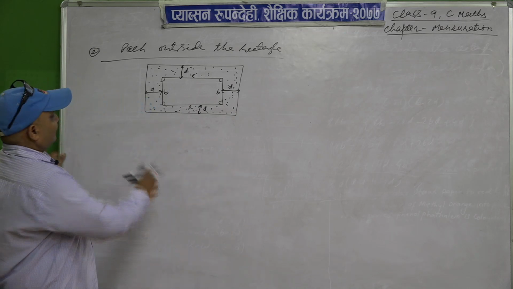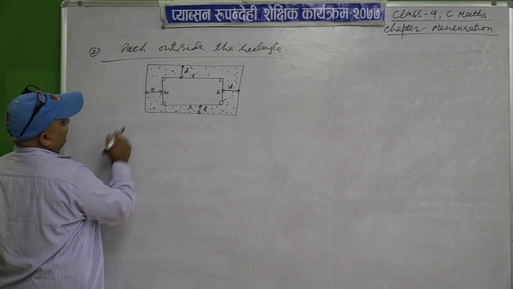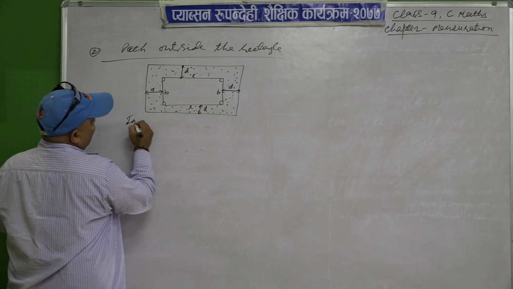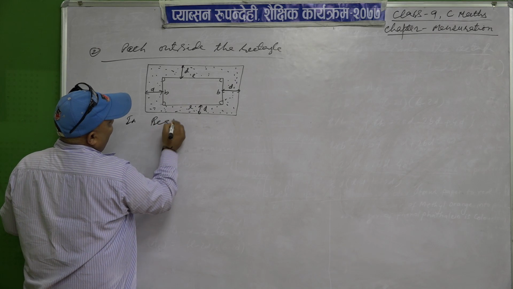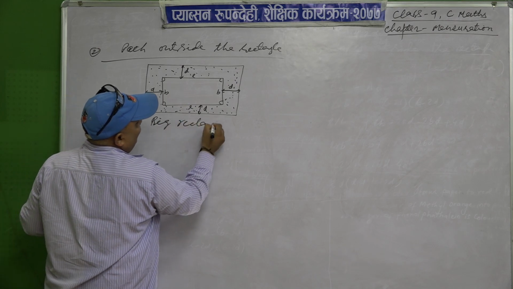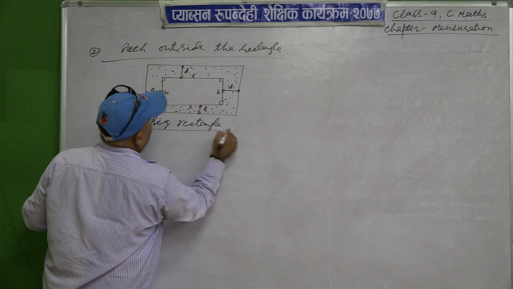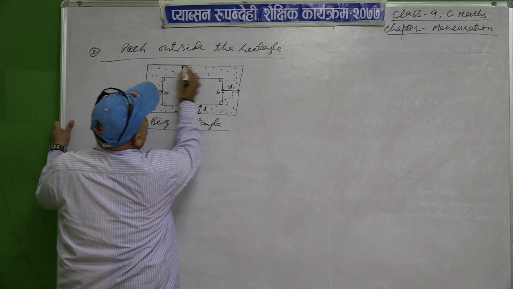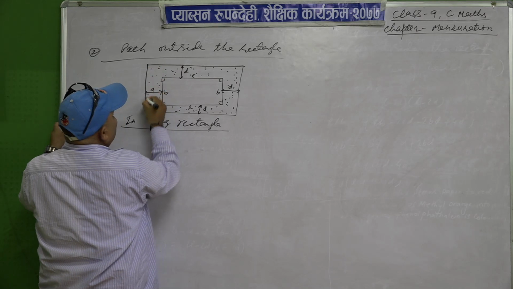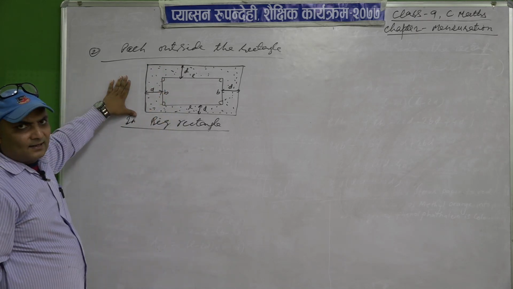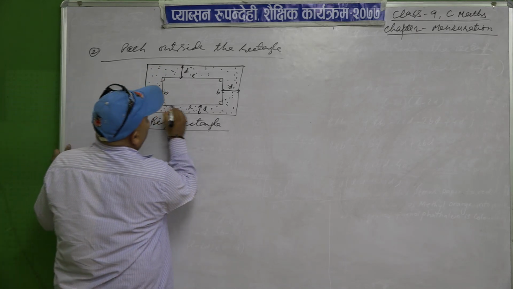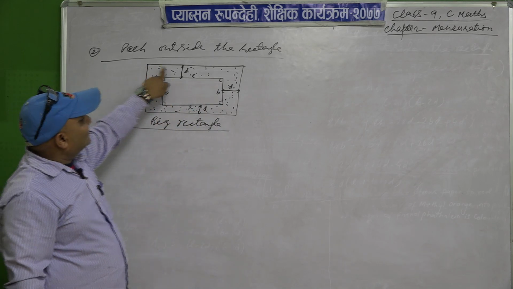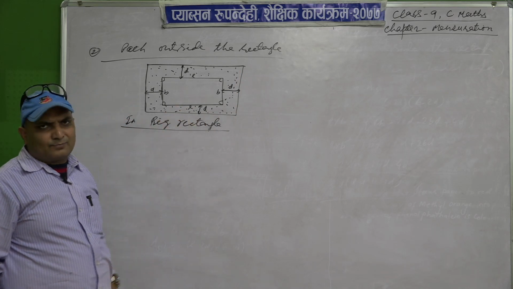So again, see, in the big rectangle, do we know the length and breadth of this rectangle? We are given the length and breadth of this small rectangle, but we do not have the length and breadth of this big rectangle.